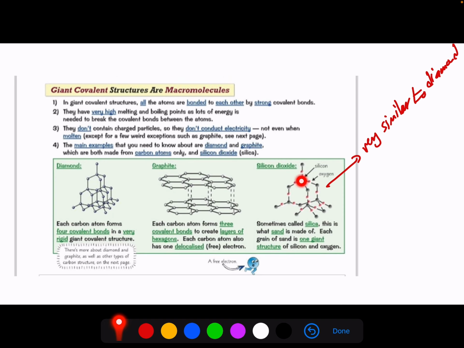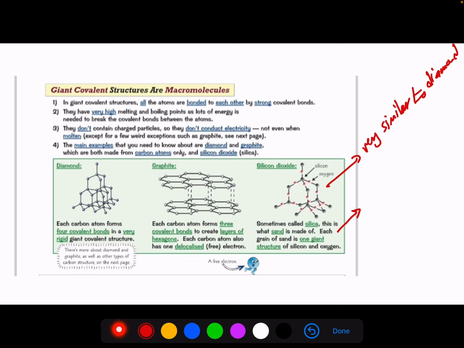As you see, each silicon here, guys, from the name silicon dioxide, that means I'm expecting silicon and oxygen. See, the silicon atom is the black one. The oxygen are the red. So from the structure, we can see that each silicon is bonded to 4 oxygen atoms. All right?